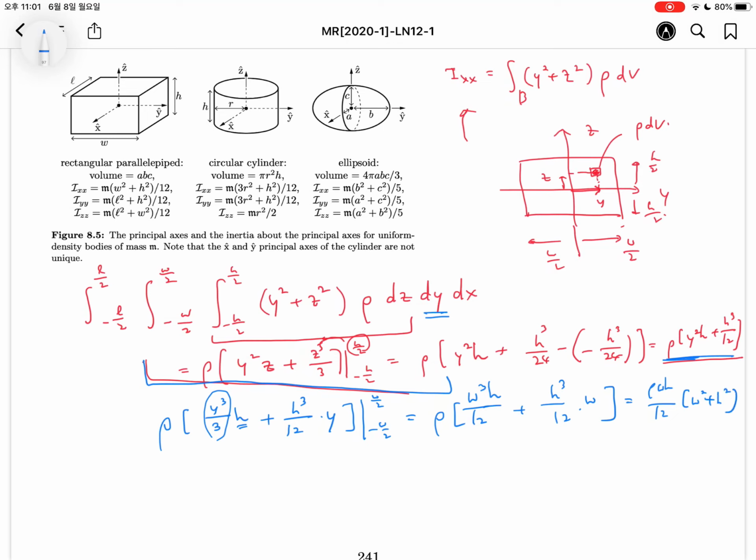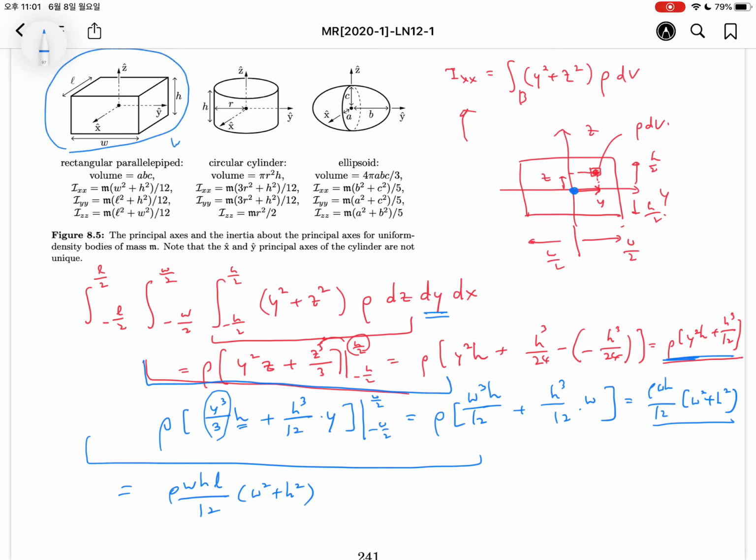The last element is about the integration of x, but x is constant here, because we are projecting in the direction of the x axis, so L should be applied to here. So the last one will be rho w h L, and then w square plus h square over 12. Let's consider that this is the volume.